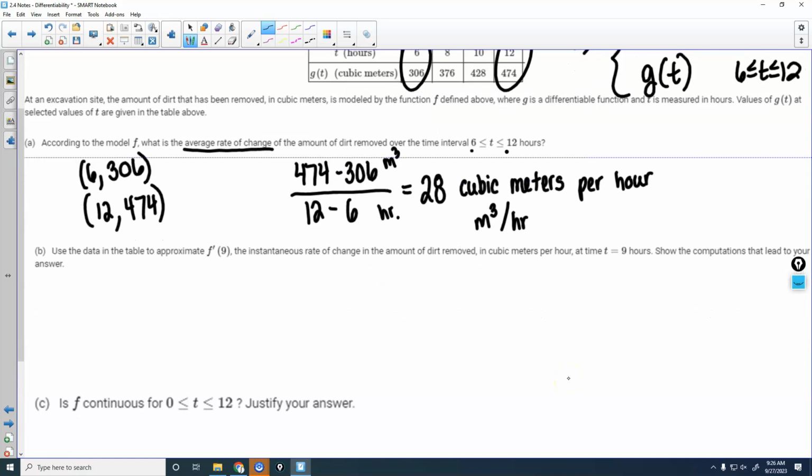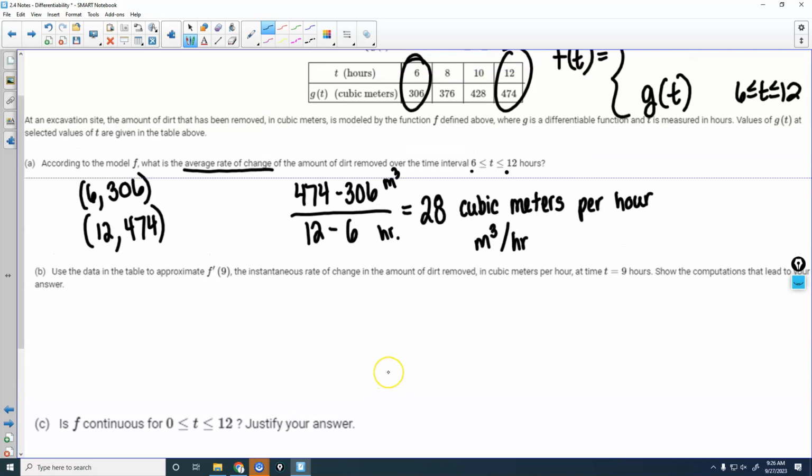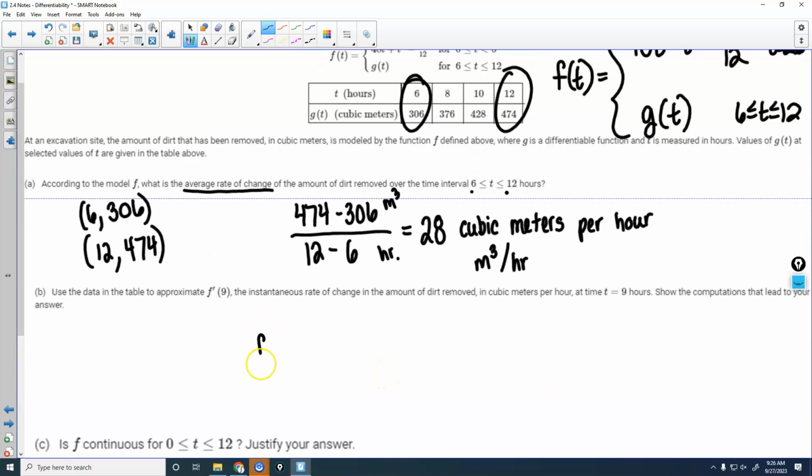All right. Okay, B asks us to use the data in the table to approximate f prime of 9, the instantaneous rate of change of the amount of dirt moved in cubic meters per hour at time t hours. Show the computations that lead to your answer. So we are estimating f prime of 9. What would we do with that? You could take the 8 and the 10, those coordinates, and then estimate.